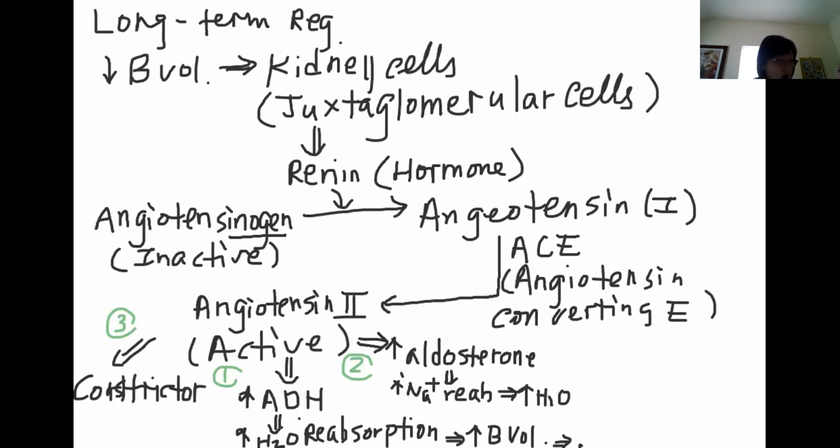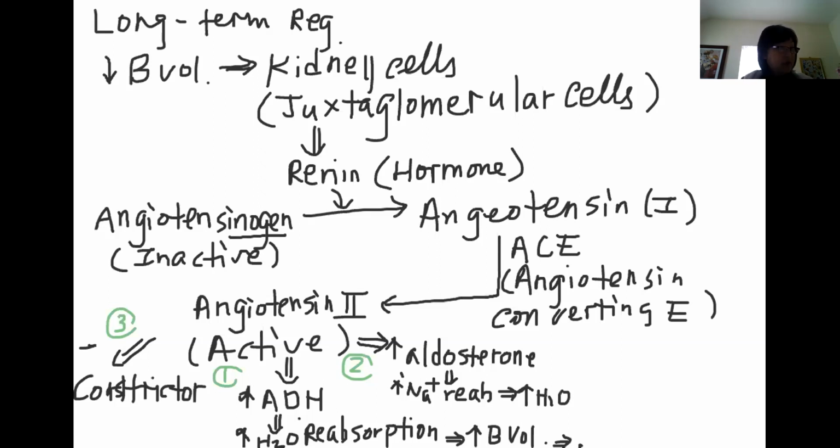That is called long-term regulation. The third part is another function of angiotensin 2, as a vasoconstrictor to decrease vessel diameter and increase pressure, like we talked about in the short-term regulation mechanism.